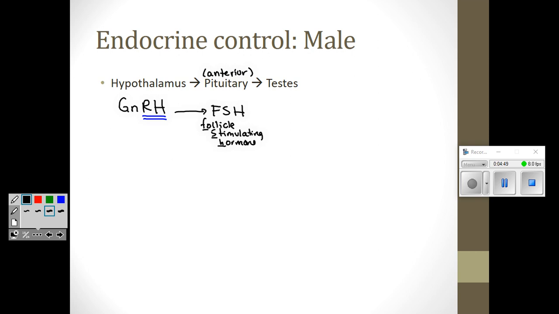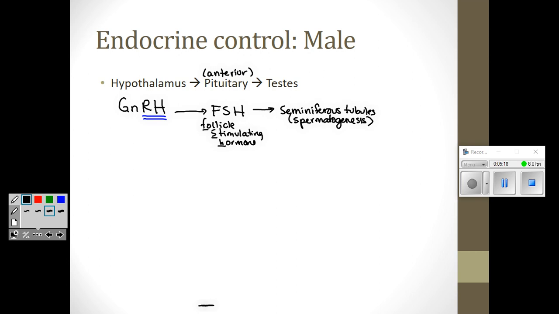So very specifically, if we're talking in the testes, FSH is going to stimulate not just any part of the testes, but in particular the seminiferous tubules. In the seminiferous tubules, hopefully you remember, that's where spermatogenesis is happening.